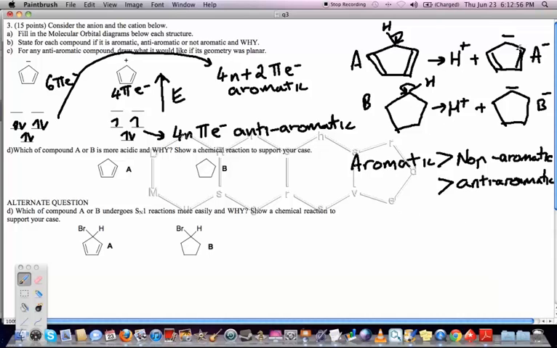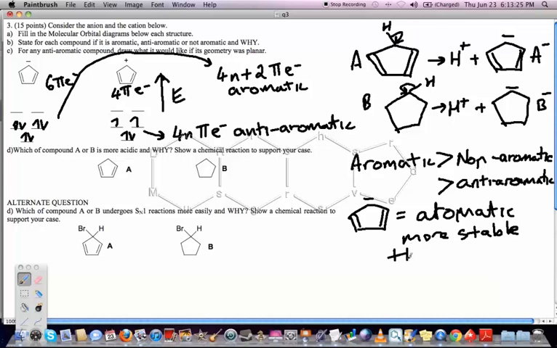Now it turns out we know that this one's aromatic, and we know that this one is non-aromatic. Alright, so let's just say that. This one is aromatic, so it's more stable than this one, which equals non-aromatic.